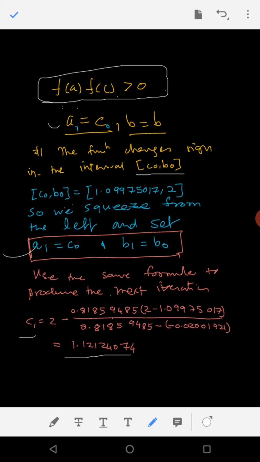Once you evaluate that function, this condition will prevail. This you have to ensure. I have not written the actual values of the function, but it turns out to be a1 equal to c0 and b1 equal to b0 for the next iteration.